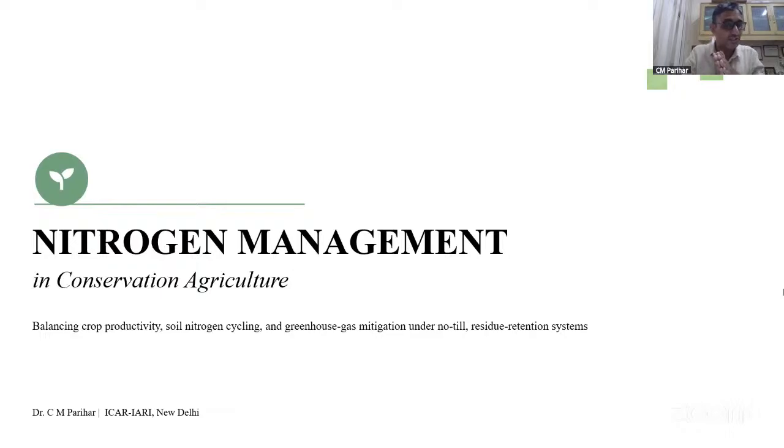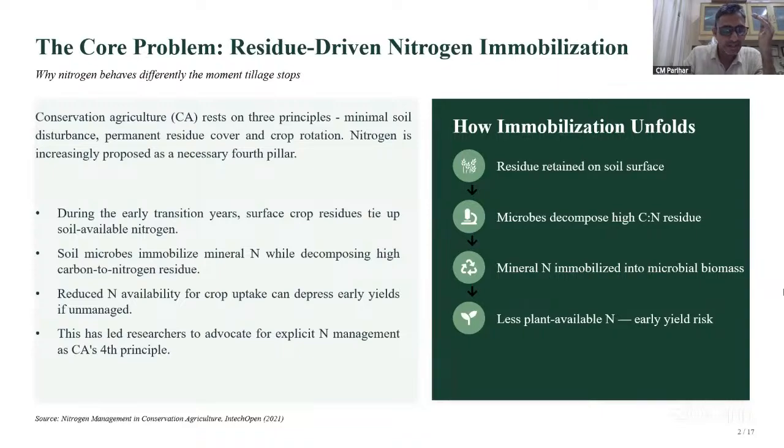And so in residue retention condition, if we apply split nitrogen, generally it will remain on the residue surface, meaning it will not be available to the plants, and most of it will get lost. To avoid that, what practically a farmer can do is apply the nitrogen just before irrigation, or if some rain is predicted.